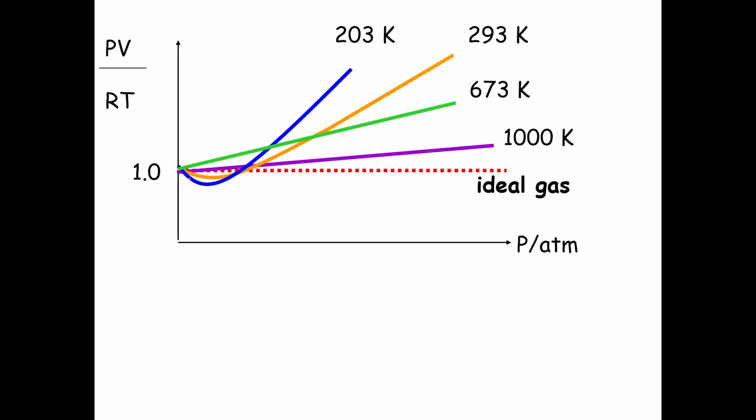So kalau lower than 273, so kalau kamu tengok yang warna biru ni, 203 Kelvin, so dia deviate, larger deviation. Okay, larger deviation meaning dia menjauhi garis yang dotted red line ni. Okay, kalau higher temperature, okay, tengok sini 1000 Kelvin. Okay, 1000 Kelvin, dia menghampiri ideal gas line.